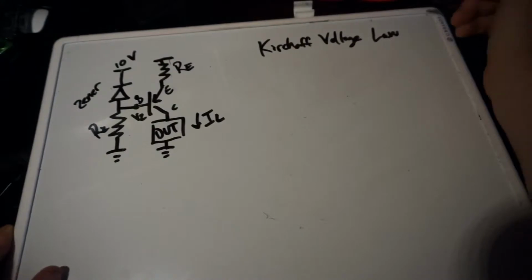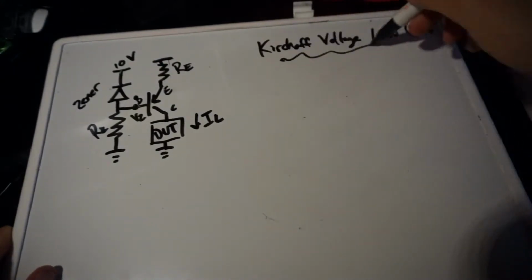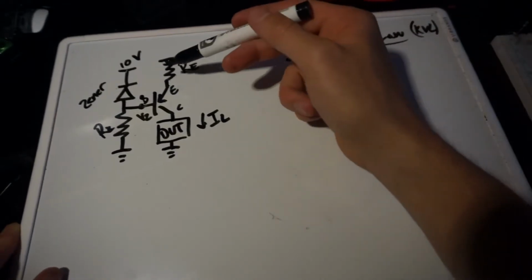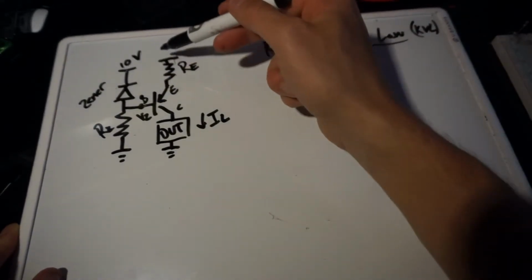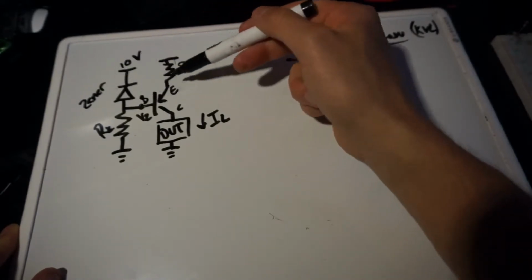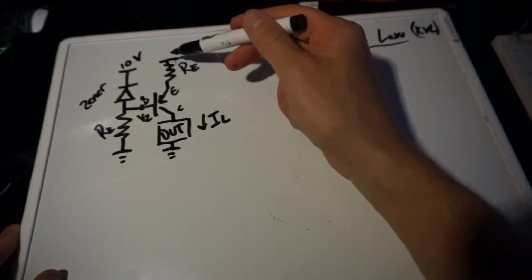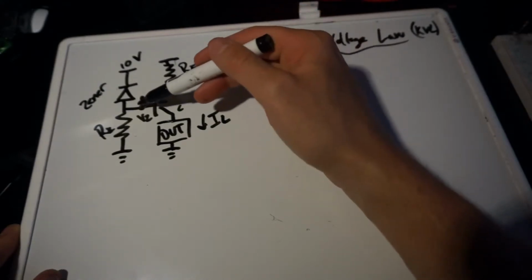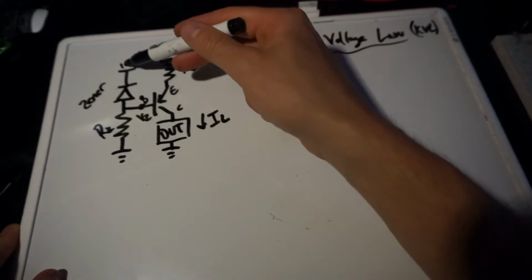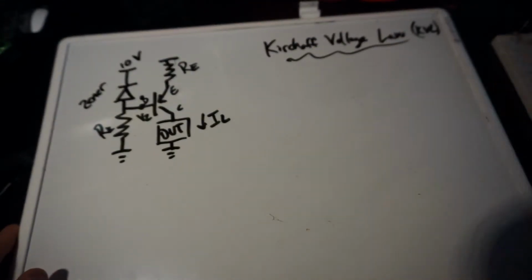We're going to use KVL, Kirchhoff's voltage law, to say that taking a round trip in a complete loop in a circuit should lead to zero total accumulated voltage if it's a closed circuit. And so what that means for our case is if we go through this way to this point here and this way, those voltages should be equal.